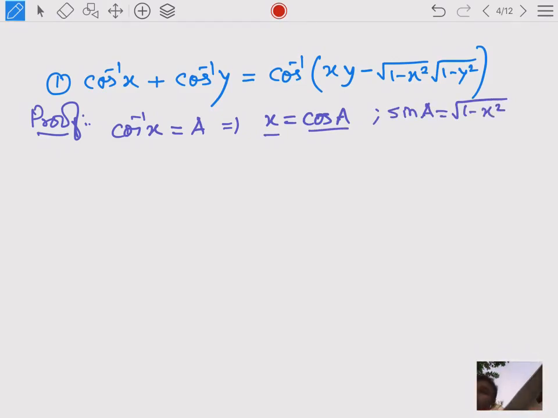We have already read this in class 10 and class 11: if cos A is given, then sin A can be found.